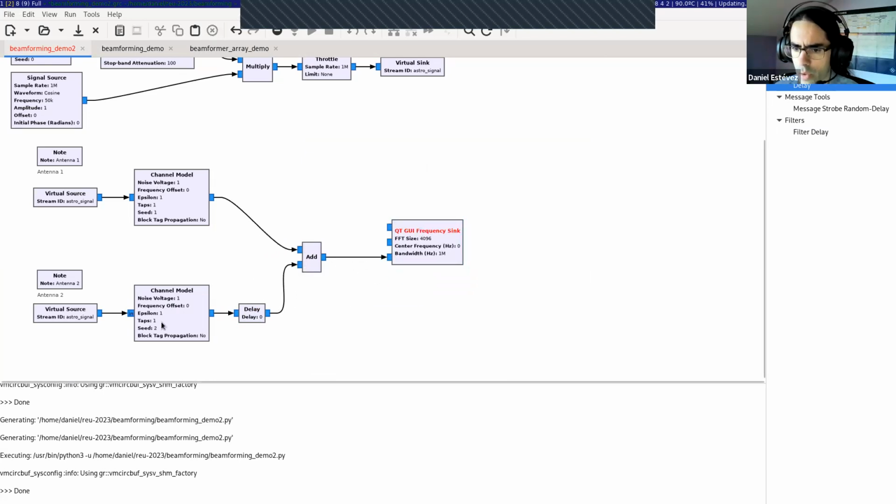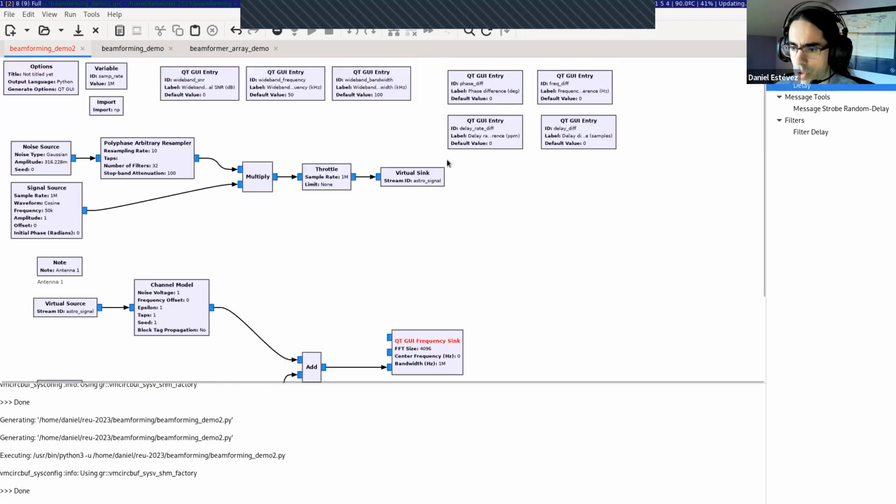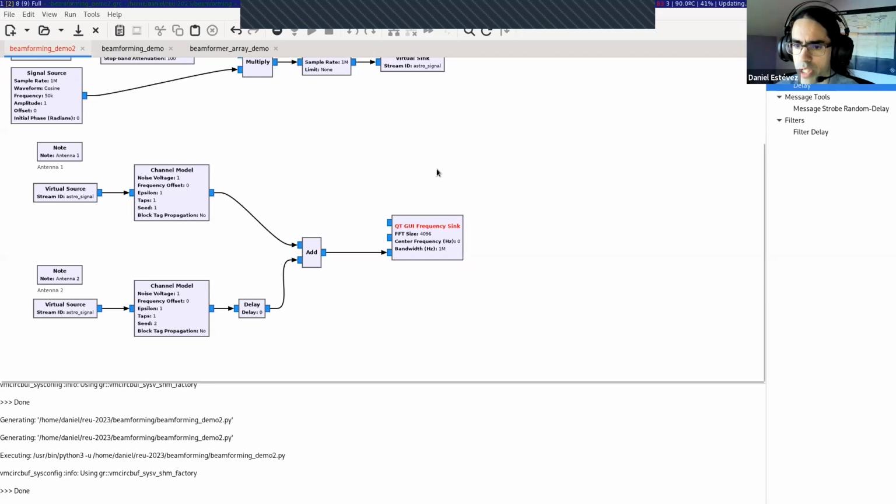So now we have all these parameters that we can change on the GUI, and they represent the fact that the signal that is arriving to the two receivers is not the same because it has traveled different distances, basically.